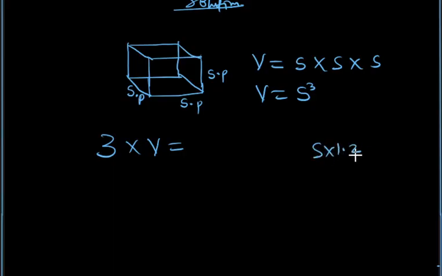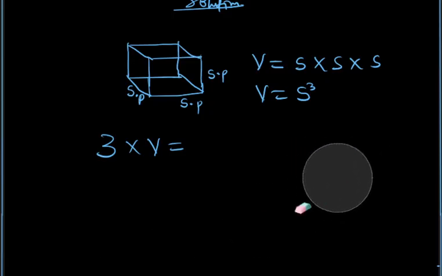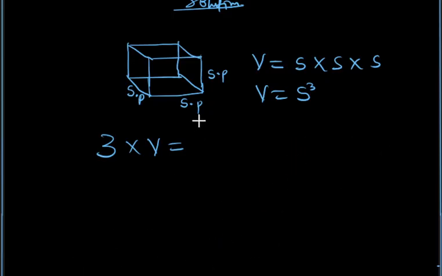Then when you are decreasing by 20%, you do S times 0.8, right? Just to remind you of this one. Now that increment is being represented using P, so that P could be 10%, it could be 20%, like that.